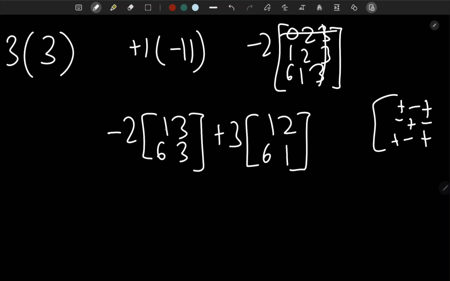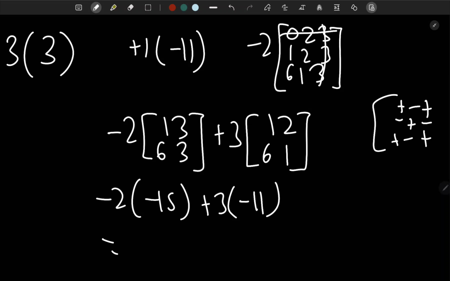Simplifying now, so it's going to be 1 times 3, 3 minus 18, which is minus 15. Plus 3 into 1 minus 12, which is minus 11. And simplified, this answer is, so you will get minus 3, since this part is 30 and this part is negative 33.